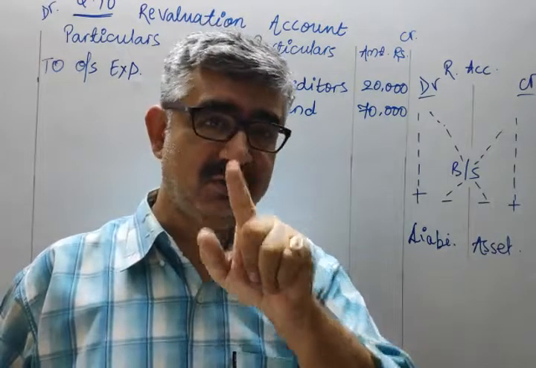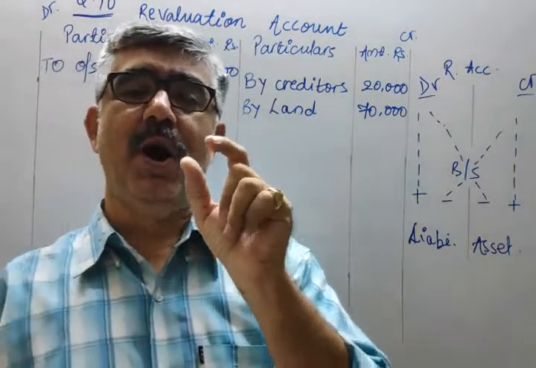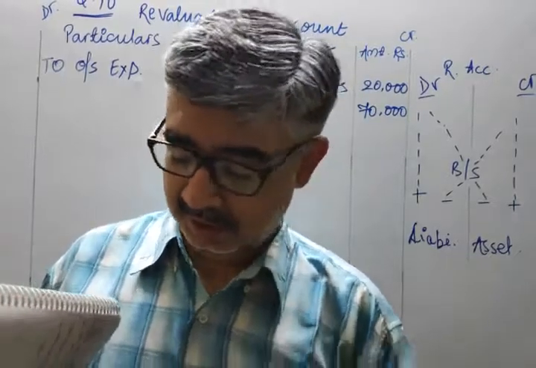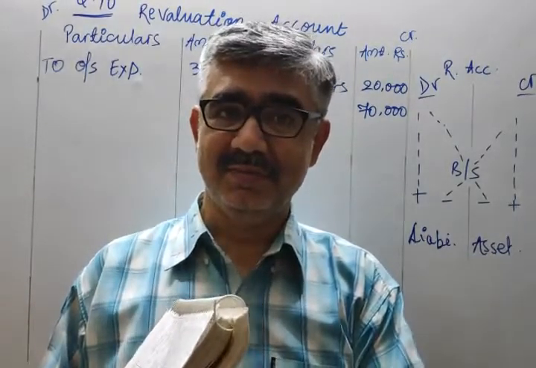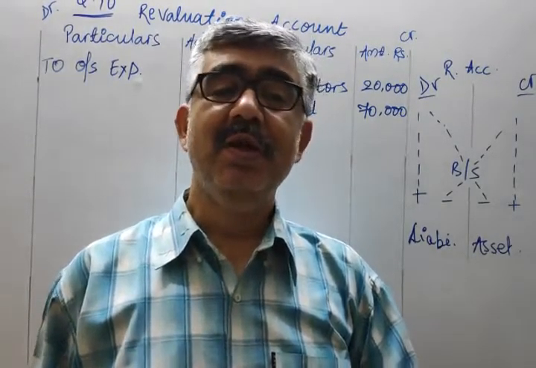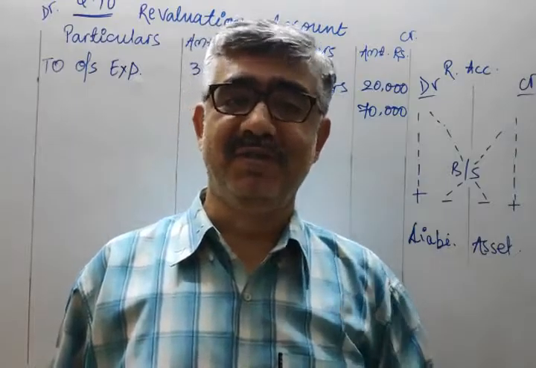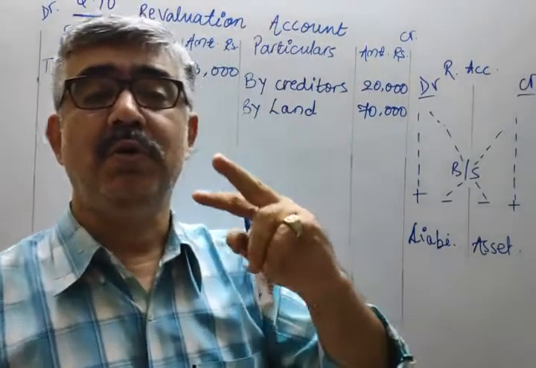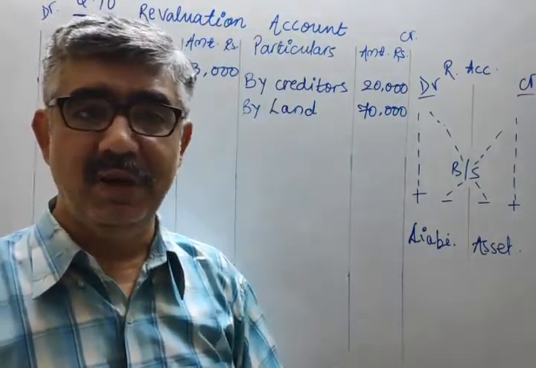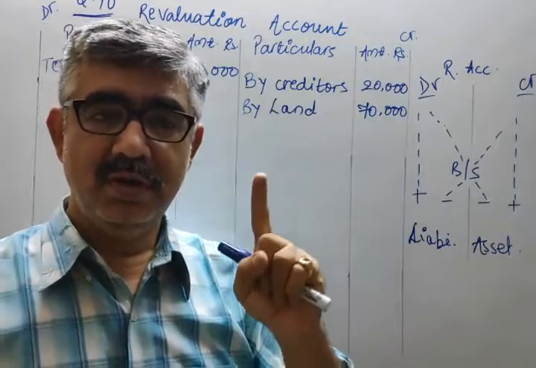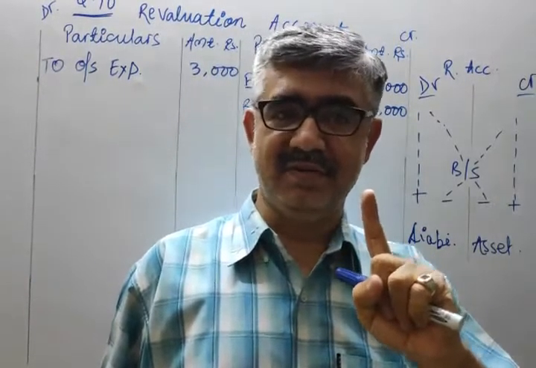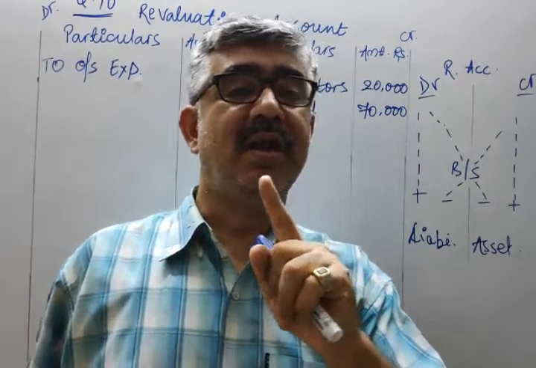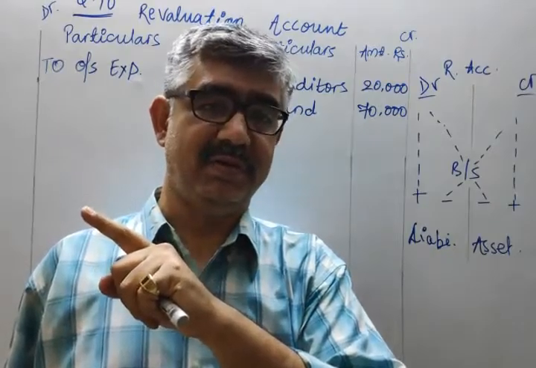Something strange but useful. When the word "up to" is given, you have to write the difference of value. Land 1,80,000 is given. Increase up to 2,50,000.